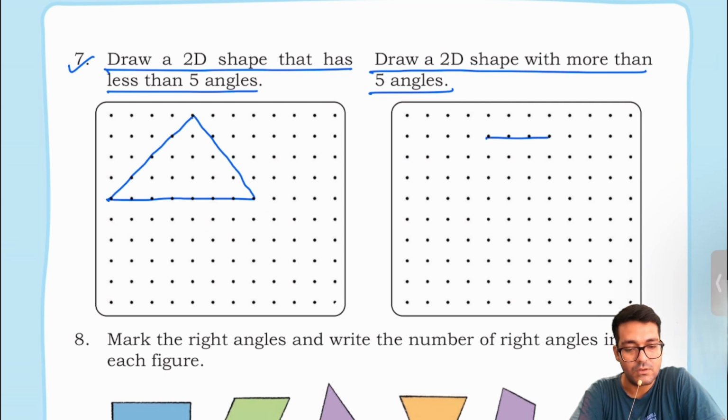You can draw any 2D shape having more than 5 sides. Like this. Number of angles in this: 1, 2, 3, 4, 5, 6.